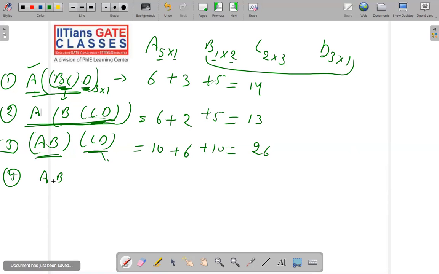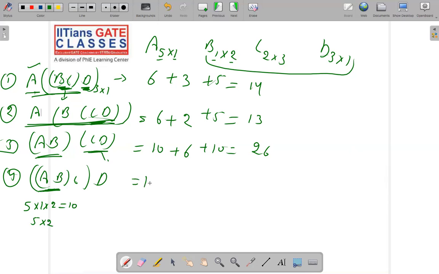Now we have A, B, C, then D. Effort for AB will be 5 into 1 into 2, which is 10, and the matrix will have dimension 5 into 2. Once we multiply with C with dimension 2 into 3, our effort will be 5 into 2 into 3, which is 30.